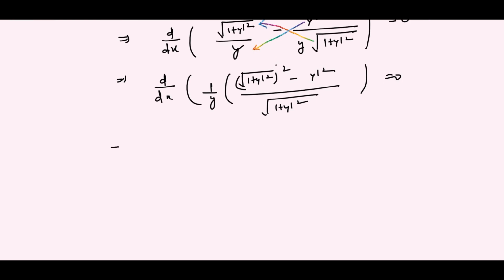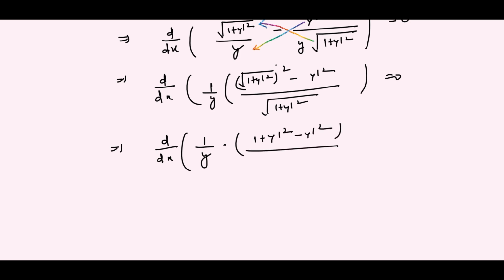Further solving, we will get d over dx of 1 over y multiply to in bracket 1 plus y dash whole square negative y dash whole square over a square root of 1 plus y dash whole square is equal to 0.